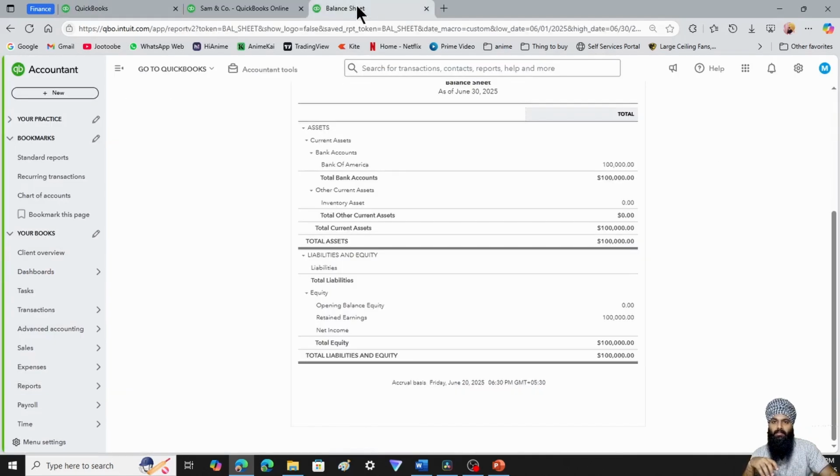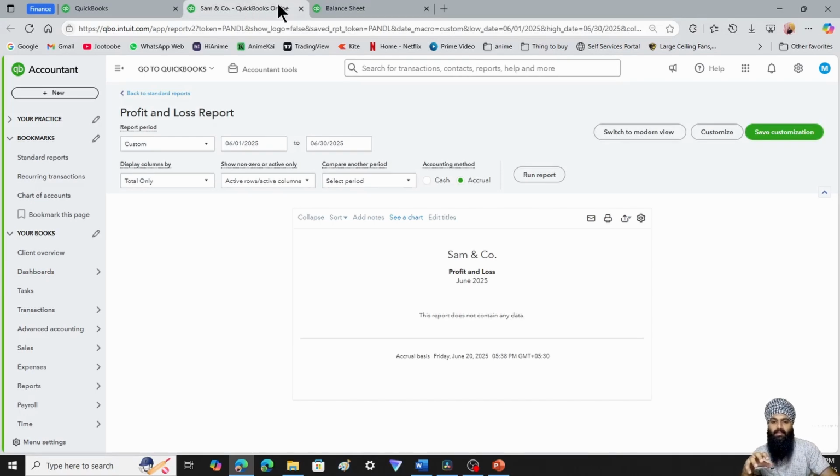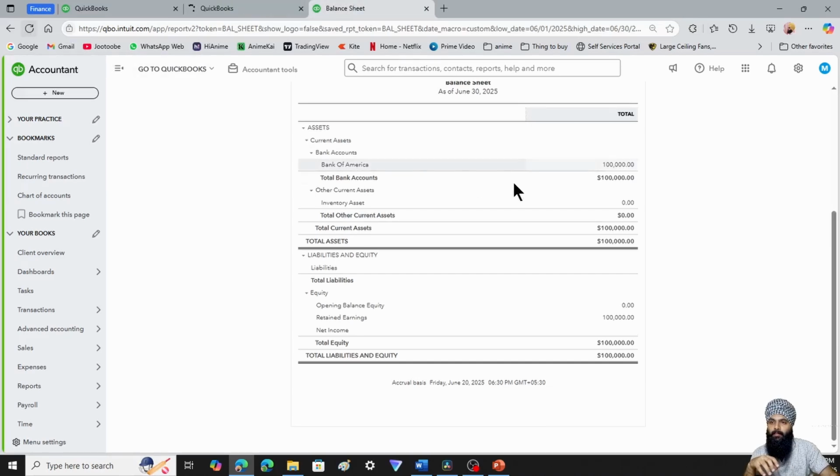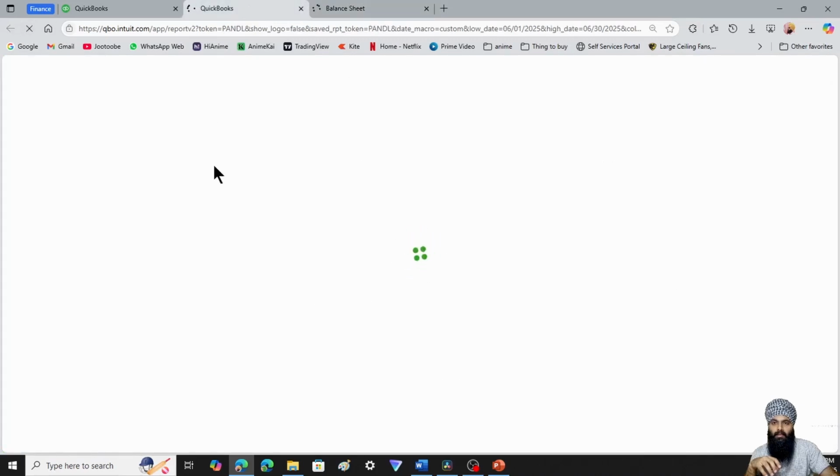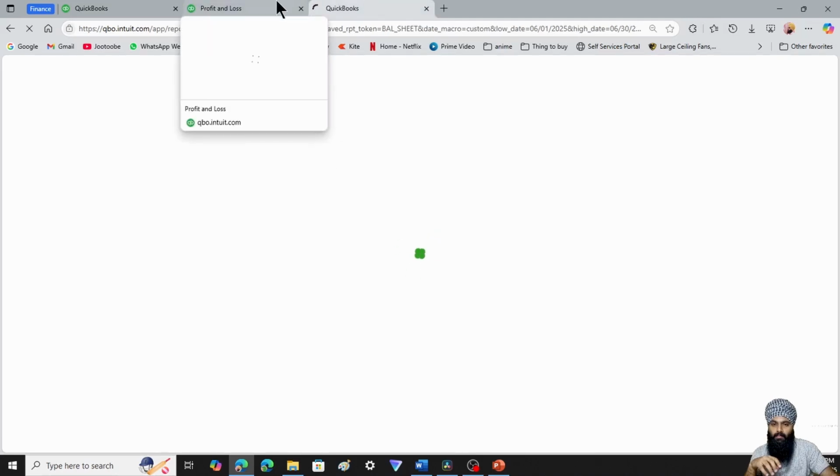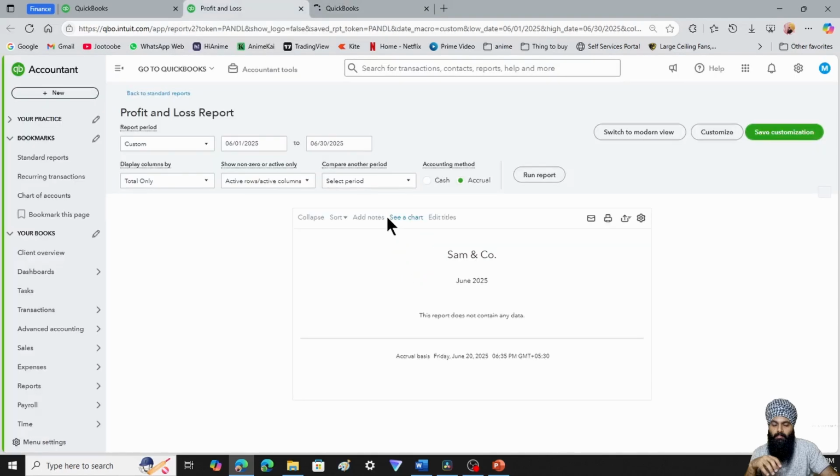Let's see the changes in our balance sheet. Since this transaction only affects the balance sheet, there will be no change in profit and loss account. Let me run the report again. It will take a little.